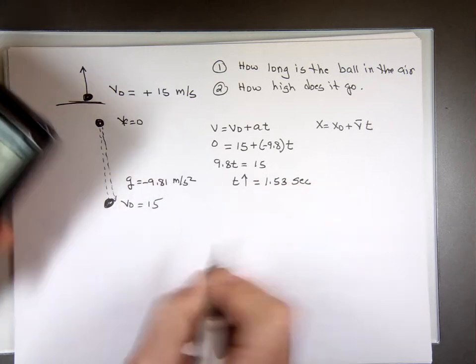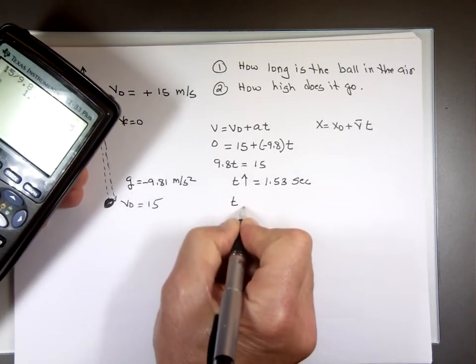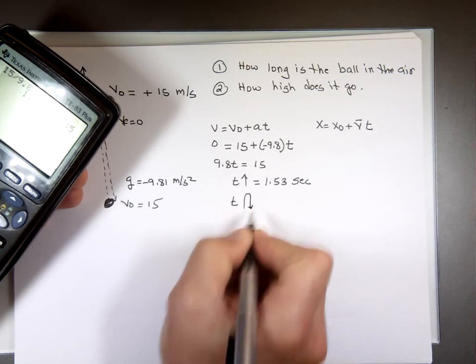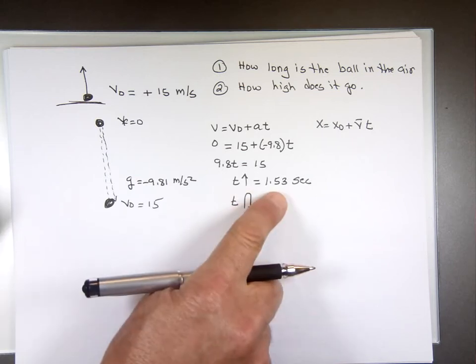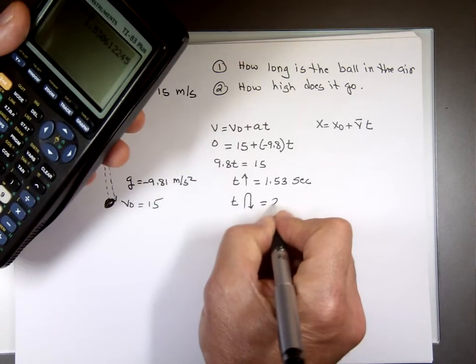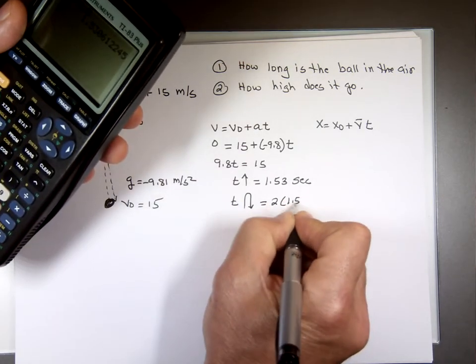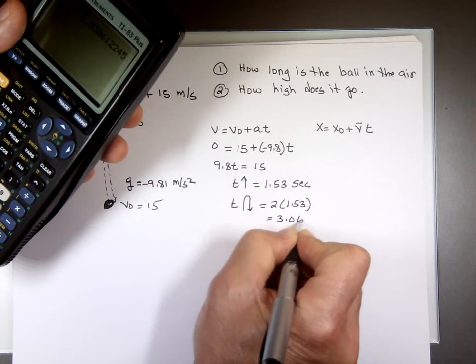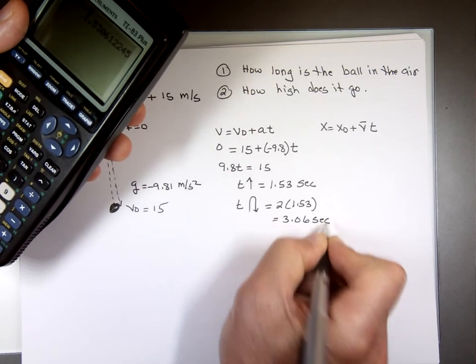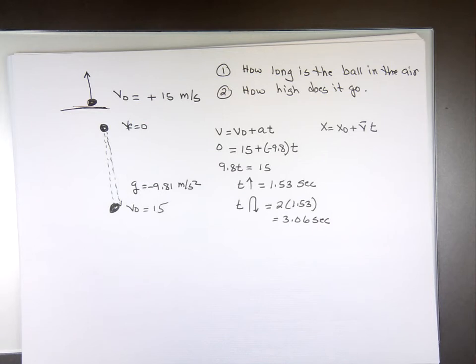So what is the time it will take to go up and down to the same spot? Twice that number, right? 2 times 1.53, which is 3.06 seconds. So the time to go up is 1.53, the time to come down is 1.53.